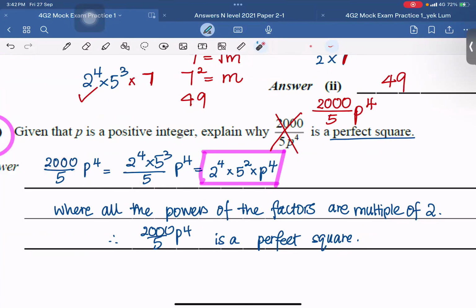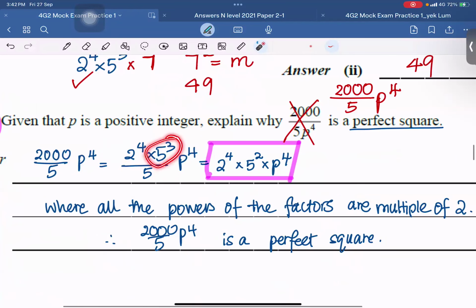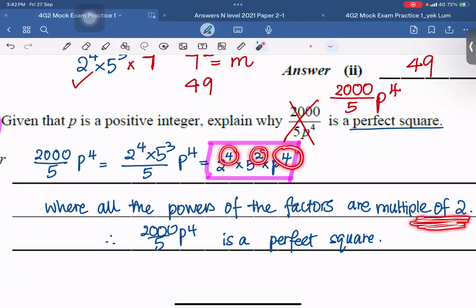When I divide by 5, 5 cubed divided by 5 becomes 5 squared. So I get this part, 5 squared. And then p to the power 4, whatever integer, as long as the power of 4 is already a perfect square. So therefore, where all the powers of the factors are even, multiples of 2, it will be a perfect square. Okay?